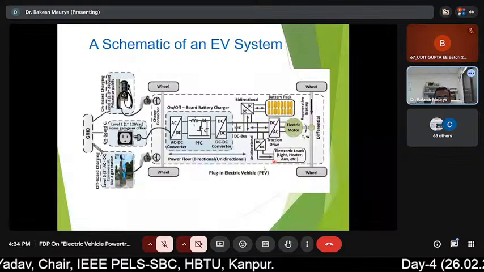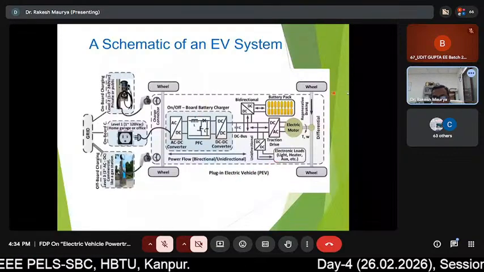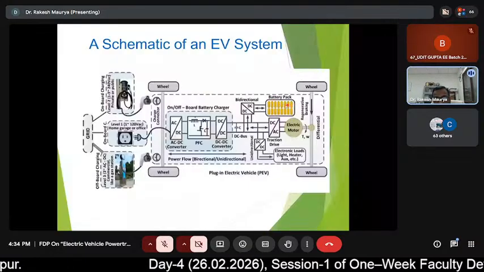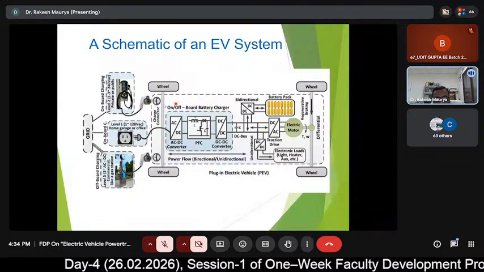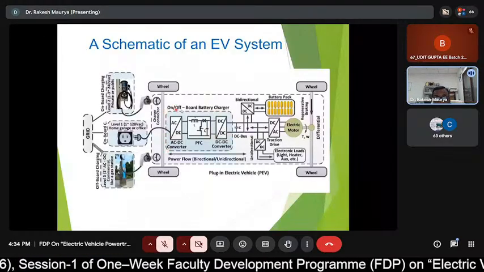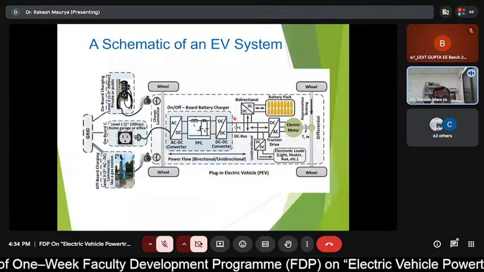So as I said, coming to the layout of the system, we have a battery pack here, and this is the onboard charging facility. Here is the converter which is located on board, and that is called the onboard charger.